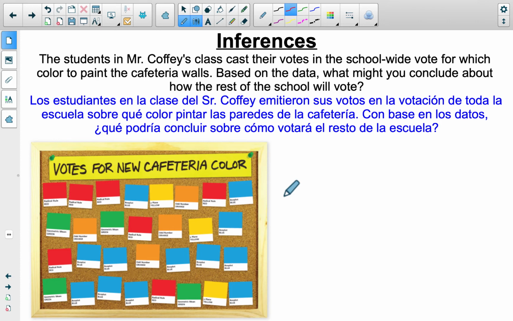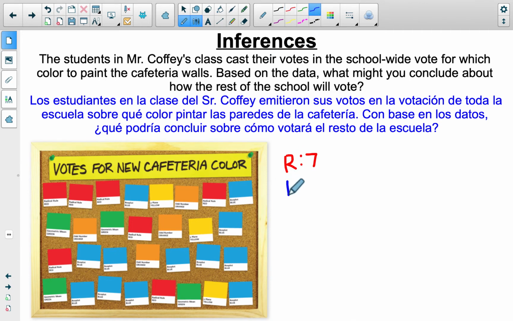So that's just like a baseline inference. But I can dive deeper into what's happening here with the votes in Mr. Coffee's class. So the first thing I'm going to do is I'm actually going to count the number of red. So we got 1, 2, 3, 4, 5, 6, 7. So we had 7 people here who would want the cafeteria walls to be painted red.